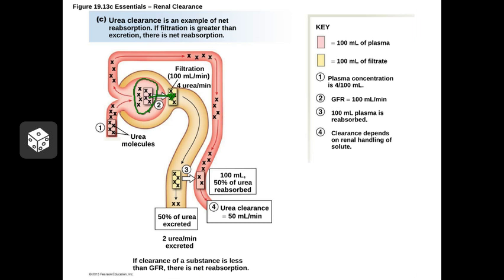Now we have 4 molecules of urea per 100 mils of filtrate. The rest of the blood goes around, and urea will move back into the bloodstream to equilibrium. So we would end up with just 2 molecules here, and here you can see 2 molecules back in the plasma.